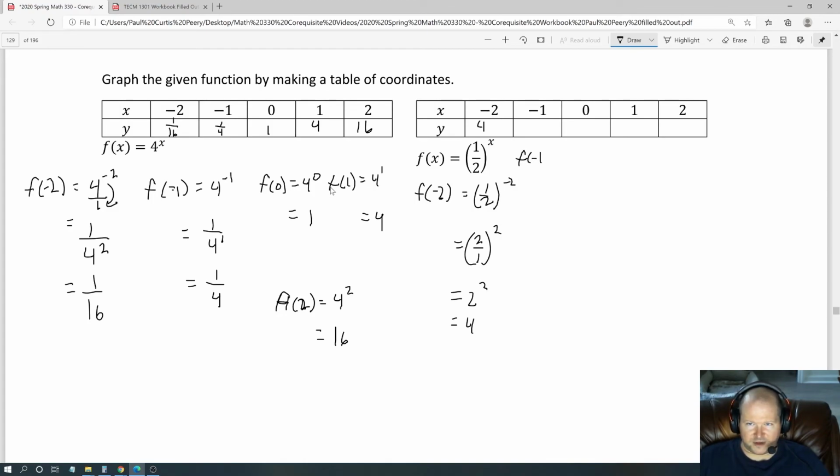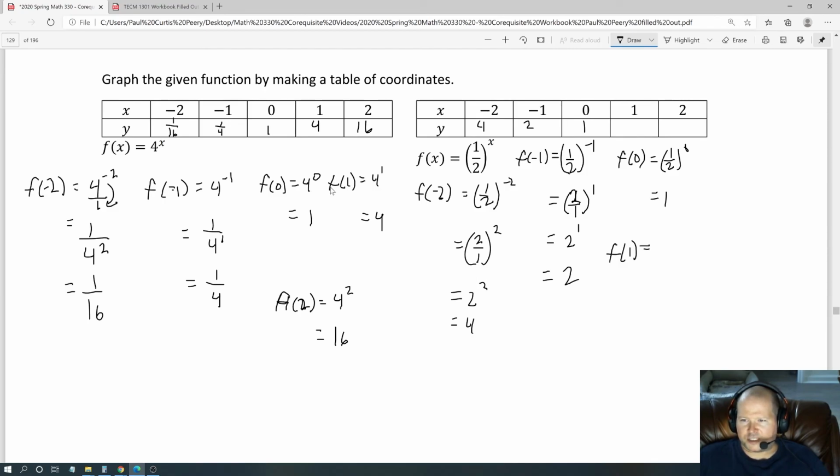All right, let's try the next one. So now we have f of -1, which would be 1/2 to the negative first power, which is the same as 2 over 1 to the positive first power, which is just 2. All right. How about the 0th power? 1/2 to the 0th power is just 1. And then f of 1 is 1/2 to the first power, which is just 1/2.